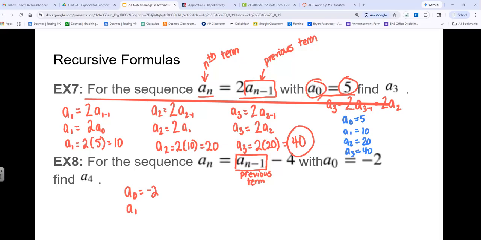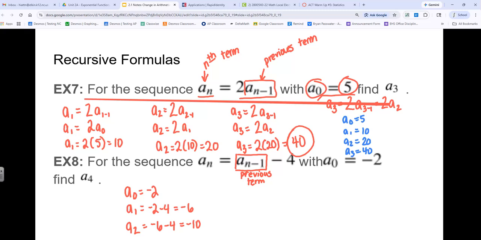So I have to go a sub 1. And a sub 1 means I take the previous term and I subtract 4. So I'll have negative 2 minus 4, which will give me negative 6. And then I need to find a sub 2, which will be previous term, negative 6, minus 4, which gives me negative 10. Right?